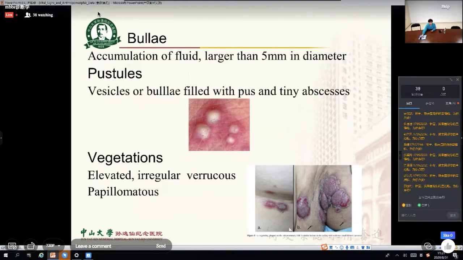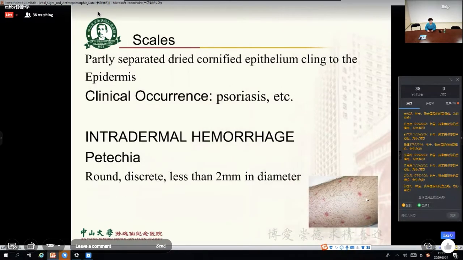And also we see this in our clinical work, what we call vegetations. These are seen in patients infected with some viruses, especially papillomavirus. Vegetations are elevated, irregular, verrucous or papillomatous, like this. And scales are partly separated dry, horn-filled epithelium clinging to the epidermis.